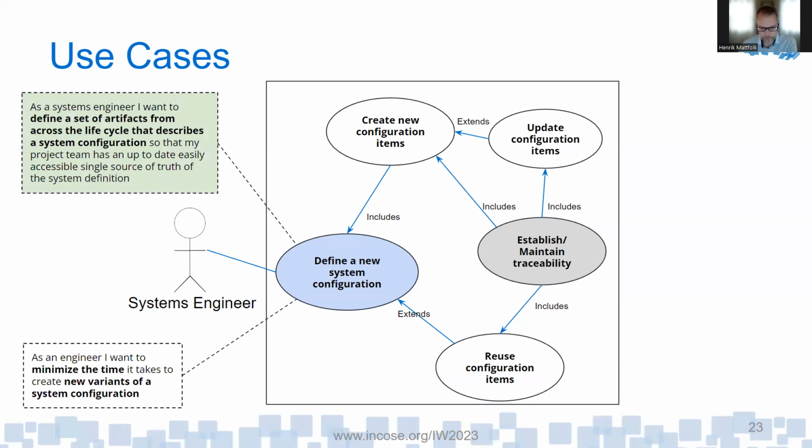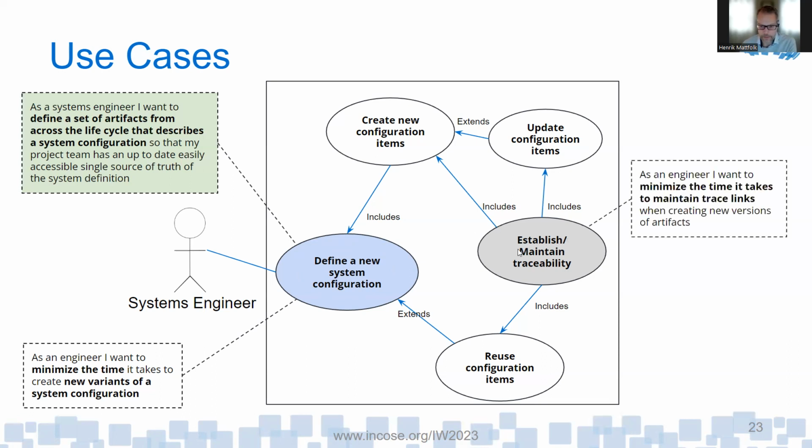So if we look at some of the stakeholder needs or expectations here, they definitely like to minimize the time it takes to define these system configurations, especially if you think about the context where we manage a vast number of system configurations that need to be fairly quick. And this traceability thing here, same thing there. We definitely want to minimize the time someone needs to spend on just managing traceability.